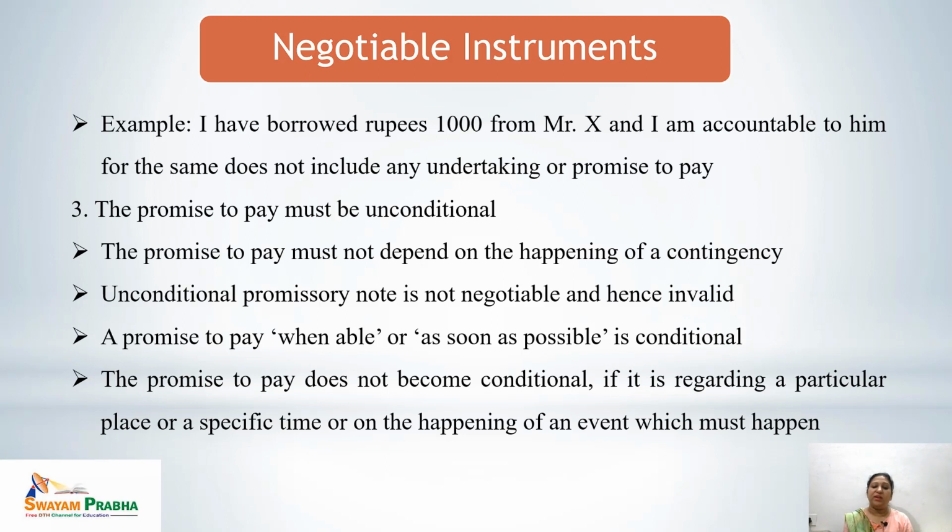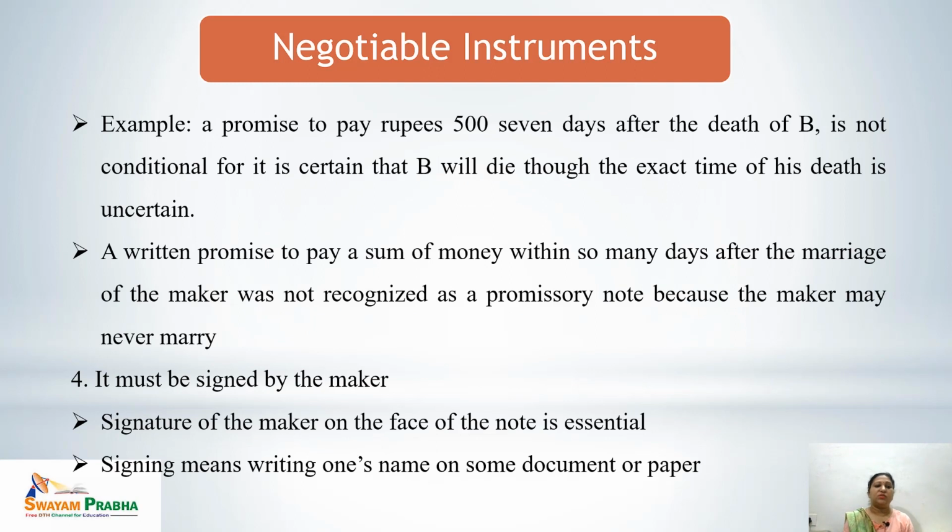And even if there is an event included which must happen, in all these cases it would not be treated as a conditional promise. So let's see the example. A promise to pay rupees 500 seven days after the death of B is not conditional, for it is certain that B will die, though the exact time of his death is uncertain. So B will definitely die on one day.